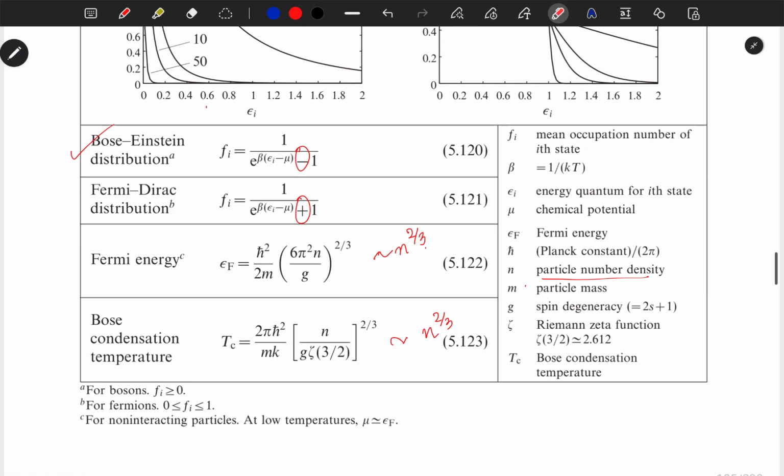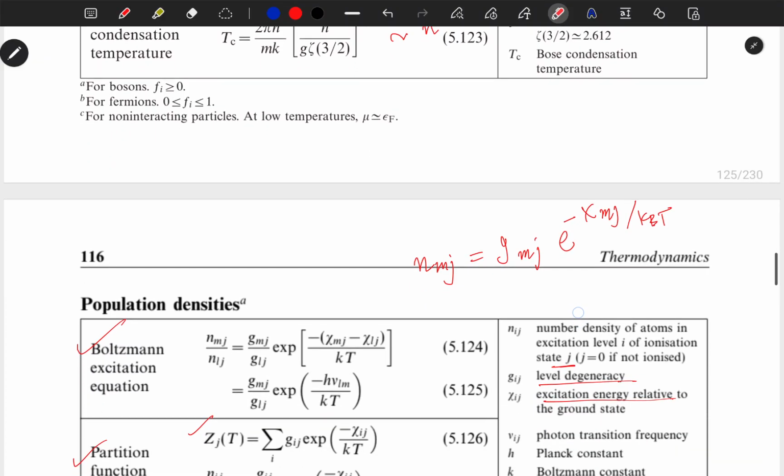So Bose-Einstein distribution, Fi equal to 1 by e to the power beta (Ei minus mu) minus 1. For Fermi-Dirac distribution, 1 by e to the power beta (epsilon i minus mu) plus 1. So there is minus and here is plus. Fermi energy EF is proportional to n to the power 2 by 3. Bose-Einstein condensation temperature is also proportional to n to the power 2 by 3.